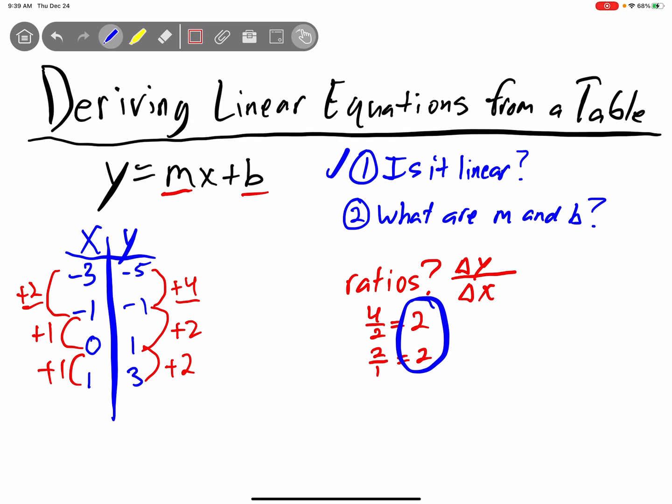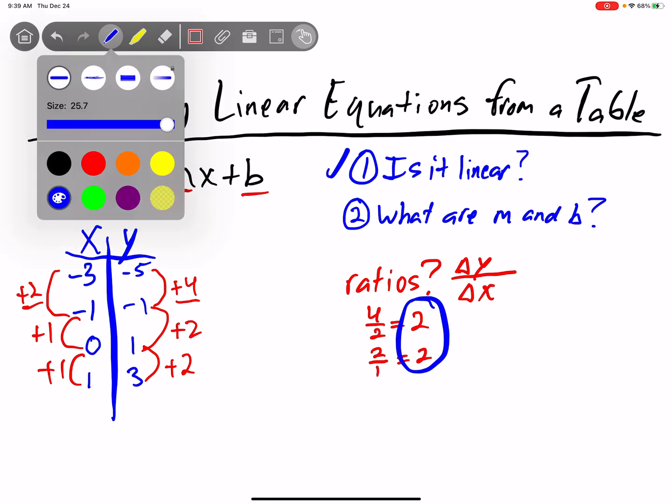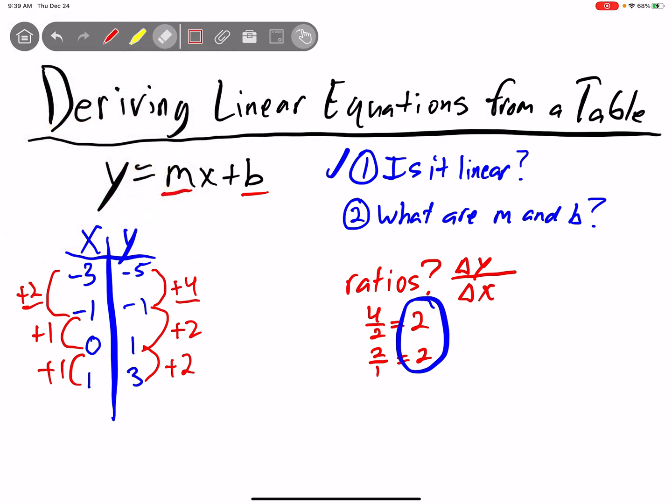In fact, because we figured out the change in y over the change in x, or the rise over the run, remember this is the same thing as m. We know that m in this case equals 2. We just solved for it. Then we need to identify b.